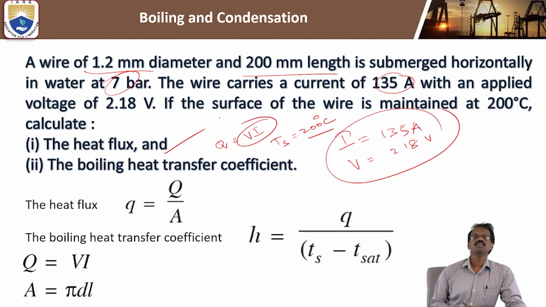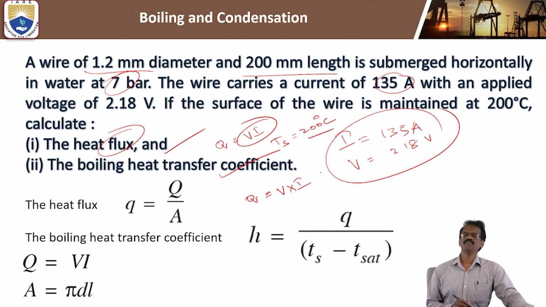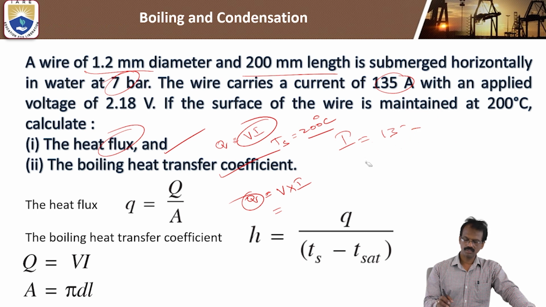First you have to find the heat flux, and next the boiling heat transfer coefficient. First we find the rate of heat transfer Q. Voltage and current are both given, so multiply them to get Q. Then heat flux is small q, which is Q by area.